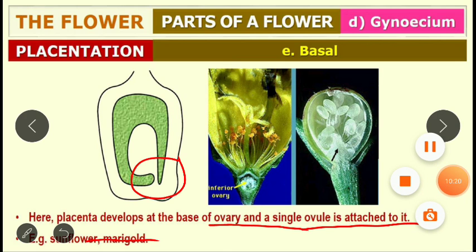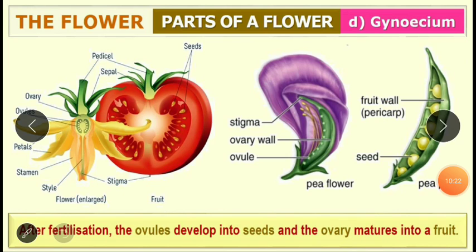So here in summary we can say that after fertilization, once the ovules are fertilized by the pollen grains, the male gamete is coming. We have seen the reproduction in angiosperms. Once all the reproduction events are over, the ovules are developing into the seeds.